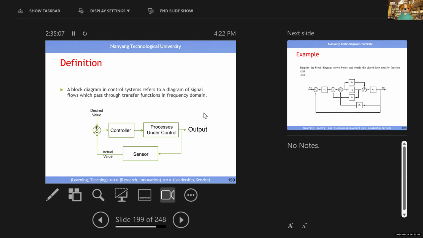Because a lot of terminology is meaningless, transfer function meaningless based on the wording, block diagram meaningless based on the wording. Actually, you should call it signal flow, that is meaningful, yes or no? Relationship in frequency domain, this is meaningful, right? Clear?